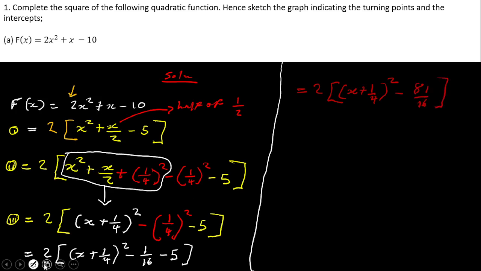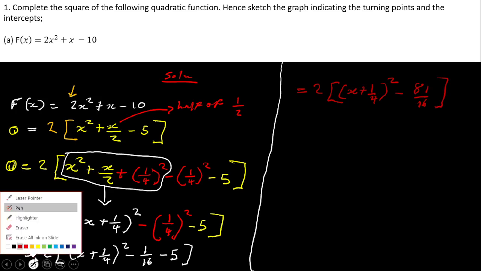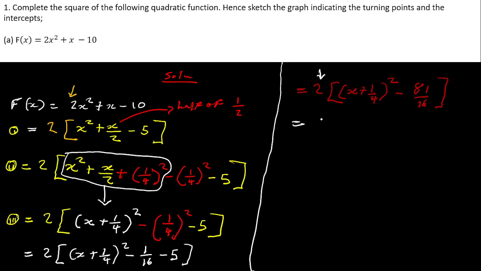Then after you do that, you're going to multiply the 2 throughout everything there. So this will be 2 times that. Remember, there is a squared, meaning the squared is shielding what is inside.